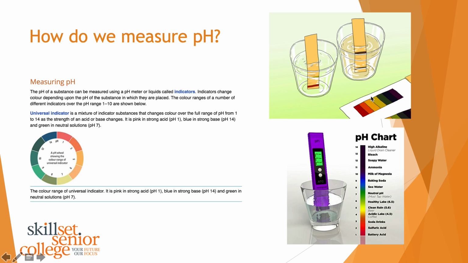Now, one thing that I'm going to mention here that you're going to look at extensively in year 11 is that it's quite tricky to always come up with the same result when we use colours to measure things. So imagine if I look here at baking soda and I said, yeah, it's probably got a pH of 9, but somebody looks at it and it looks slightly darker to them.